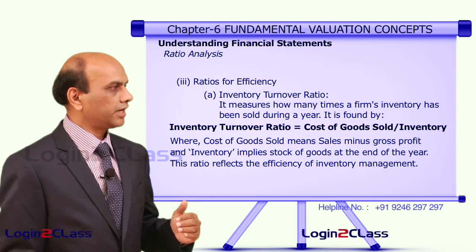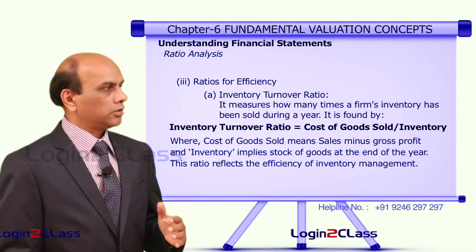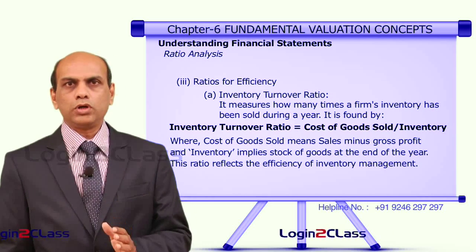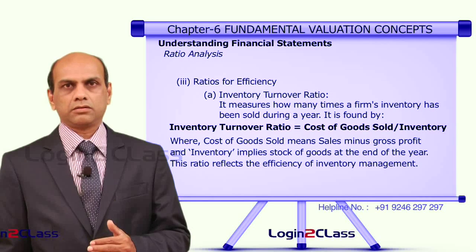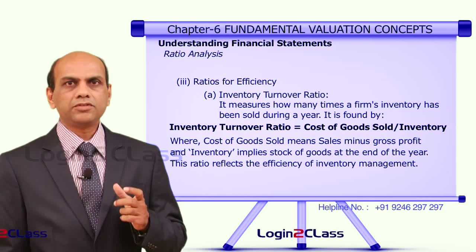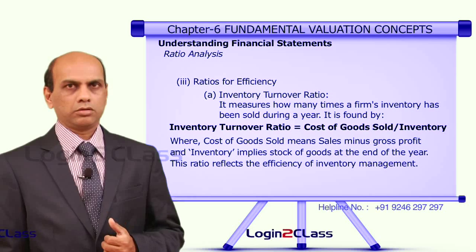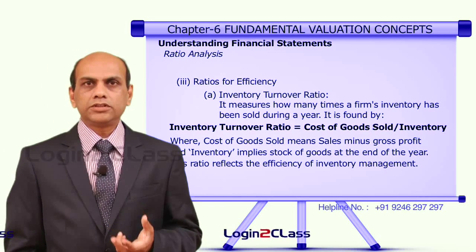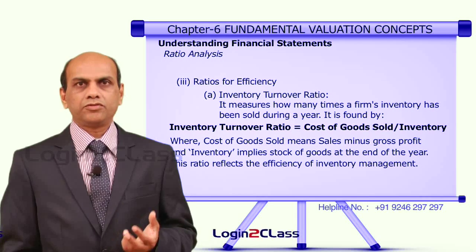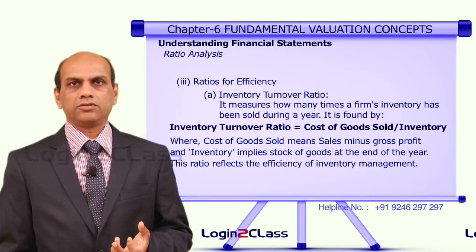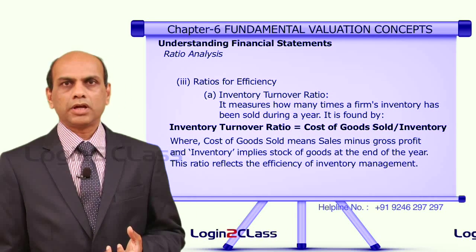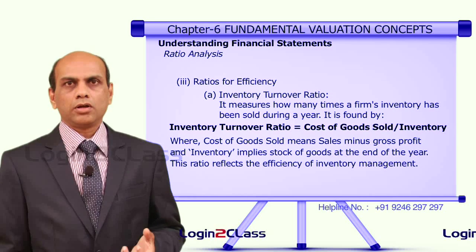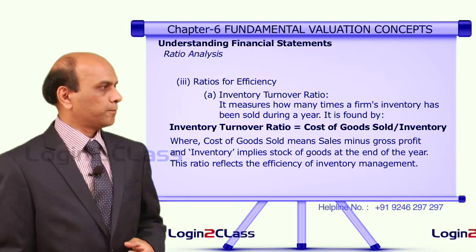So, cost of goods sold means the goods which they have sold minus the profit will give the actual cost of goods sold, and the inventory, how we get the inventory? It is derived from the value of the inventory level that they have at the godowns at various places at the end of the year.